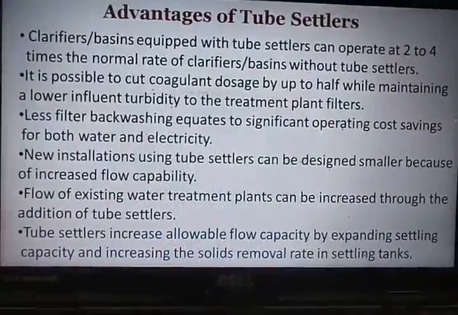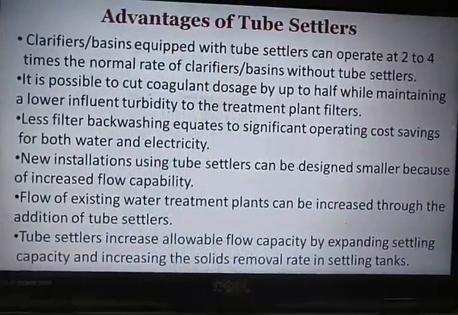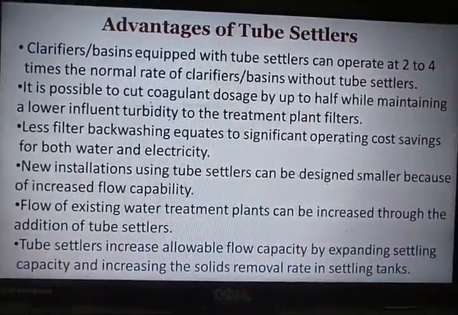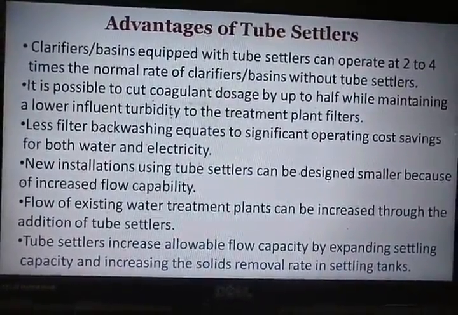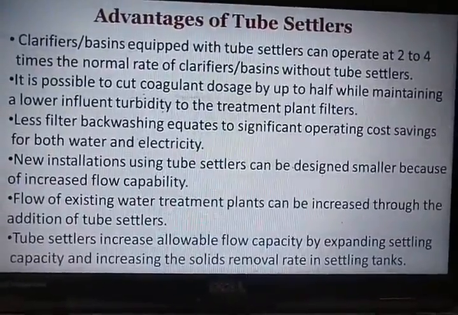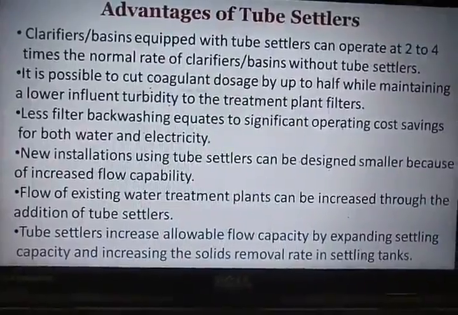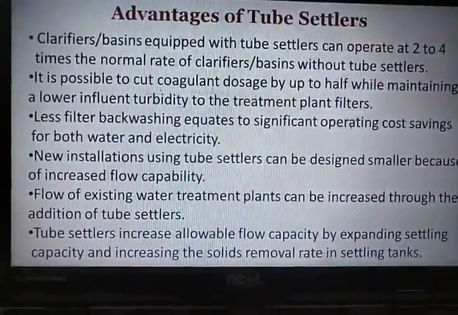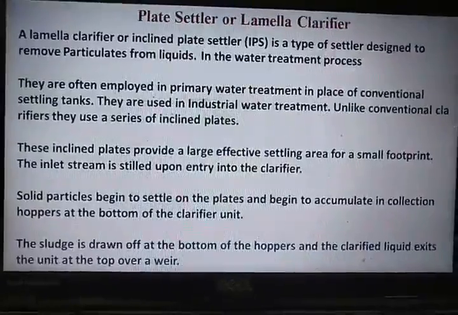That means if you want to upgrade any water treatment plant which is already equipped with a clarifier, then we can install the tube settlers so that the treatment plant capacity can be increased, and also it will have more efficiency compared to the conventional clarifier because of the reduction in velocity and the tubes which are placed.